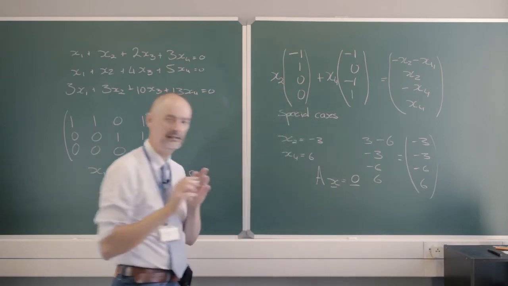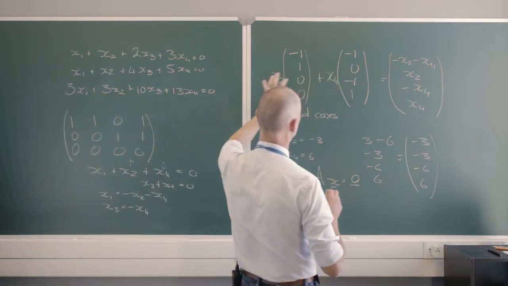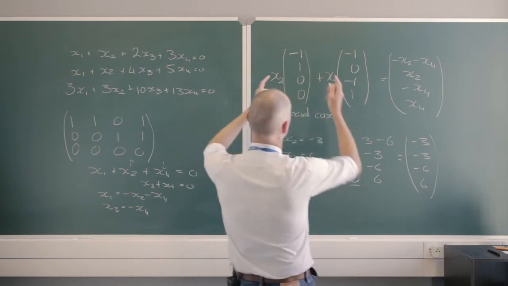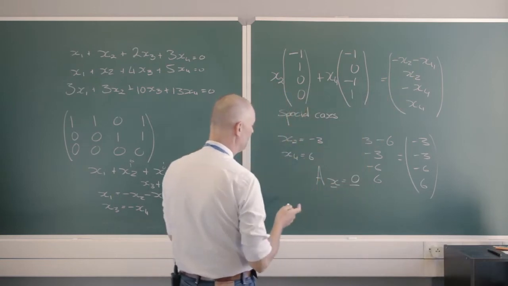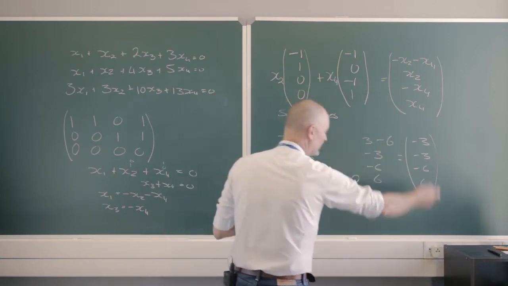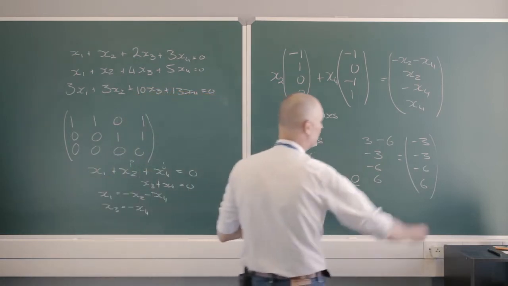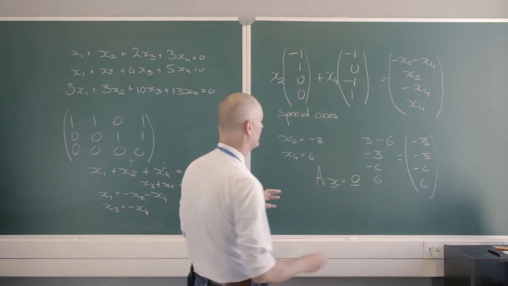So it is very, very important for you to realize how to construct these two. It is linear combinations of these two special cases in this form, which will give me possible solutions. And that null space is a subspace.